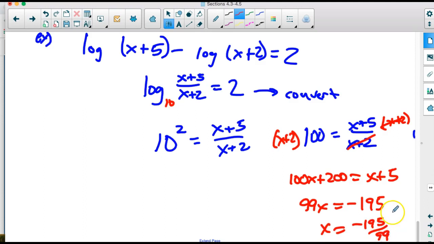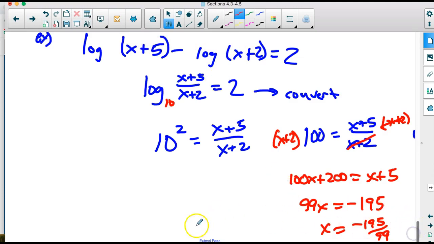Now, when we have logarithms, we need to check the answer, because if you put a logarithm of a negative number in there, it's not going to give you the correct answer. So we have to have a number that's greater than negative 2 here, because if I put something smaller than negative 2 here, I'm going to get an impossible answer out of the calculator.